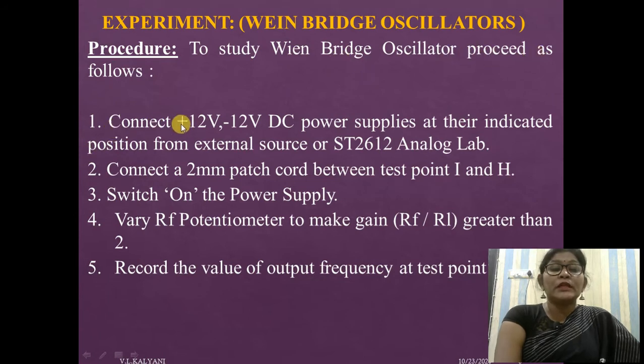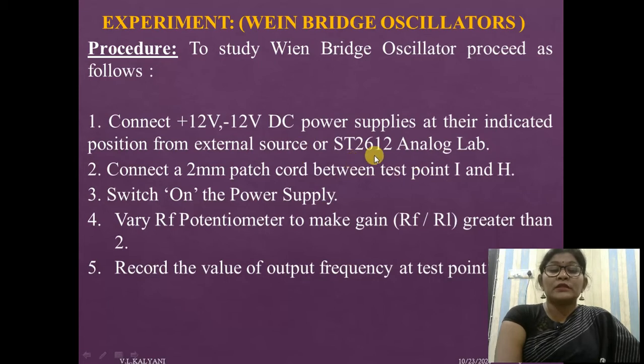The first one is connect the power supply, that is plus 12 volt and minus 12 volt, at their indicated positions. The next one is connect a 2 millimeter patch cord between test points I and H. This circuit connection is already given in the board.